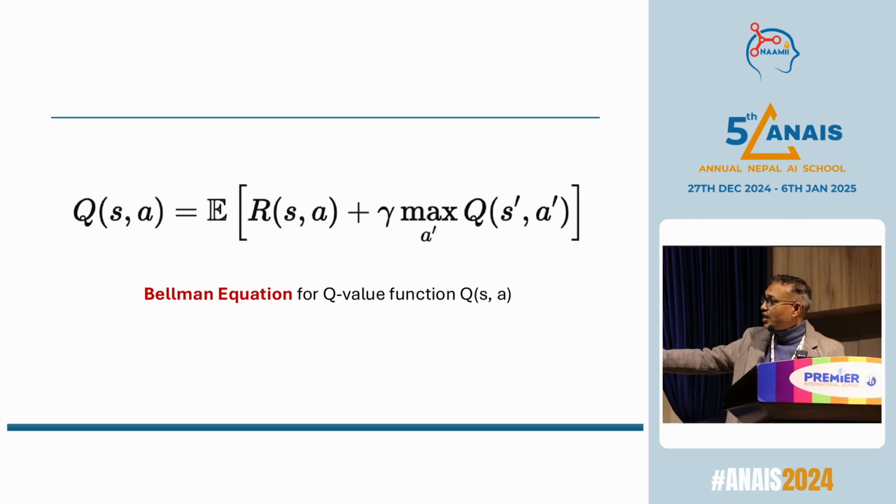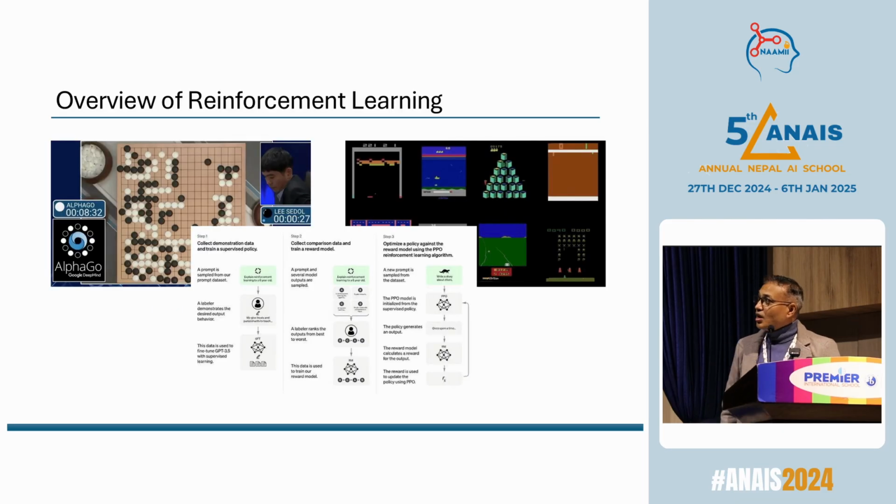This max, Q, S prime, A prime, S, A. What is this? Each component we'll come to know later on. But before that, before we derive that Bellman equation, we need to understand why this RL is so powerful, and what some applications of this reinforcement learning are.